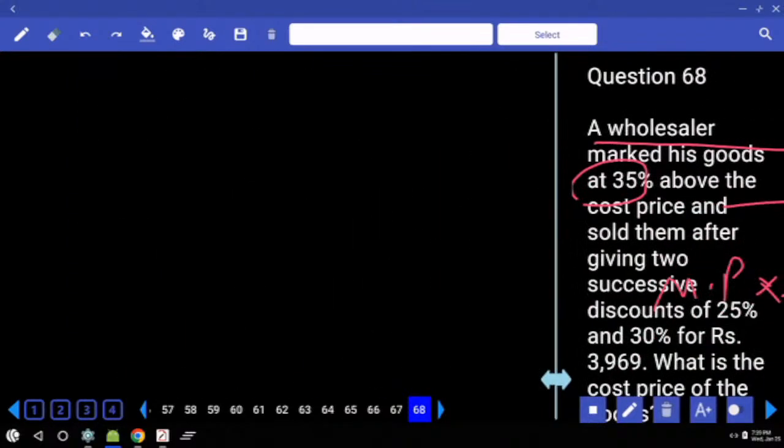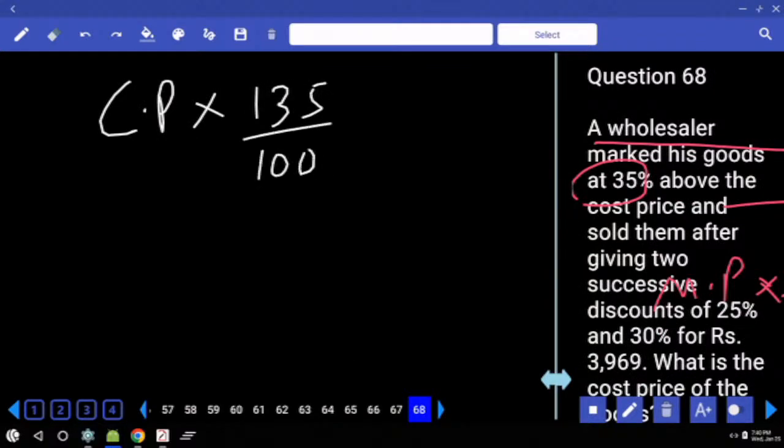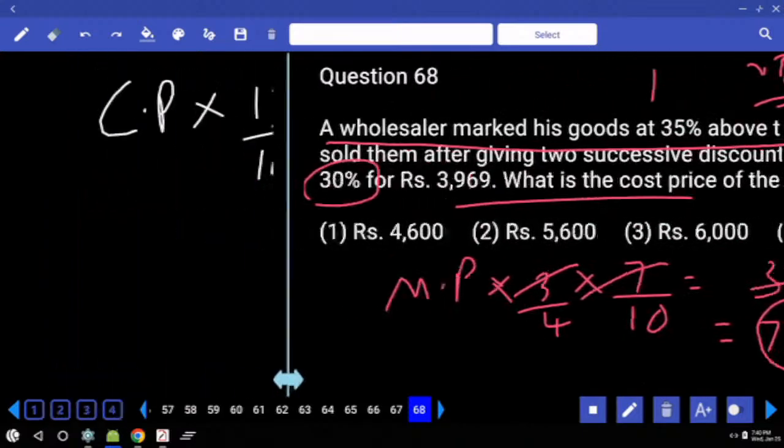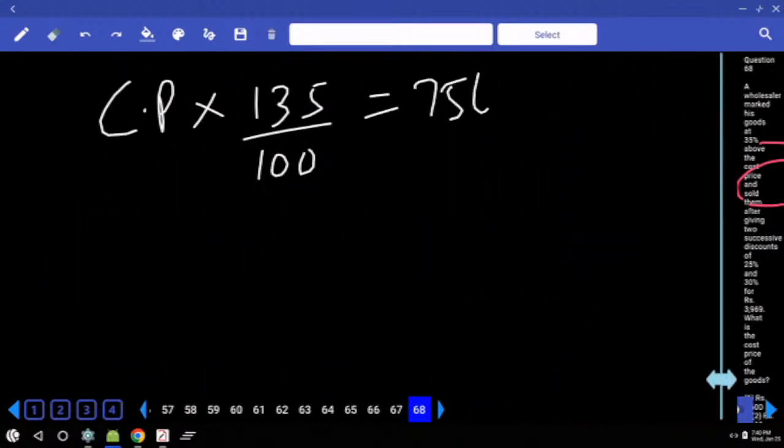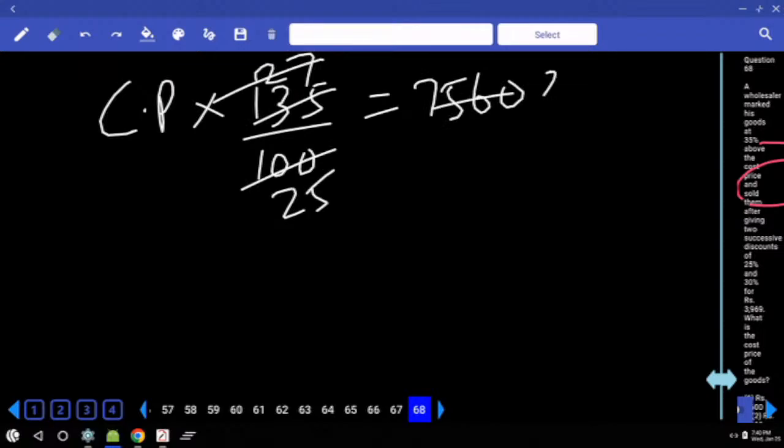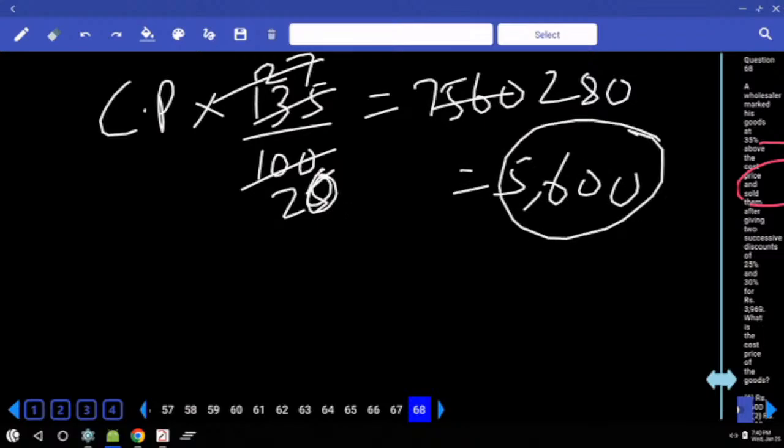He has marked 35% more on the cost price, that is 135/100. What is the mark price we have just got? 7560. This is 27, 25, 27, 27, 729, so that becomes 28. 28 into 20 is how much? 5600 is your answer. That's it.